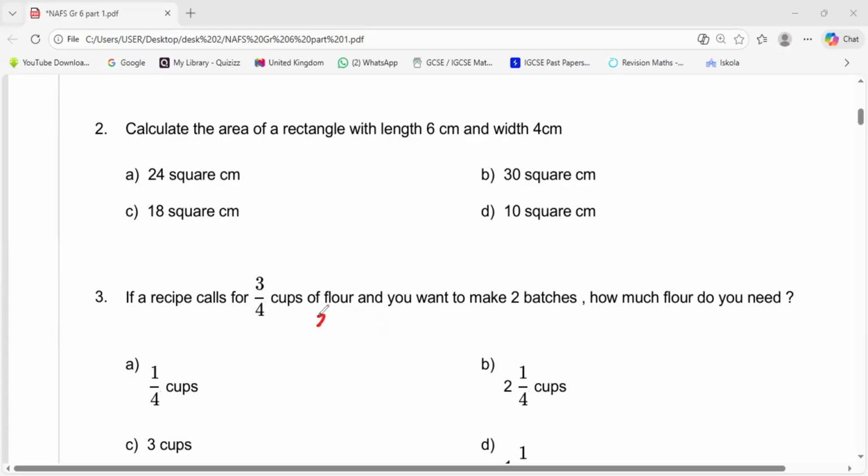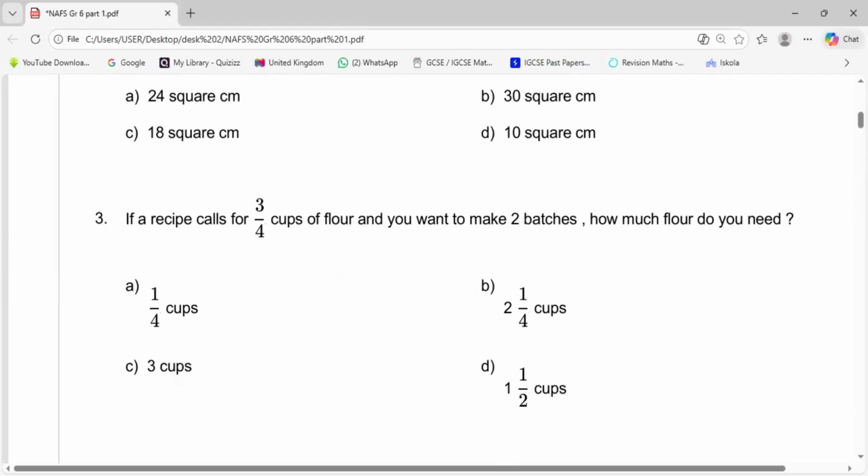The first recipe needs 3/4, the second recipe we also need 3/4. We can add, 6/4. Here 6/4 divided by 2 is 3/2, which is 1.5. Our answer is 1.5, and that is correct.